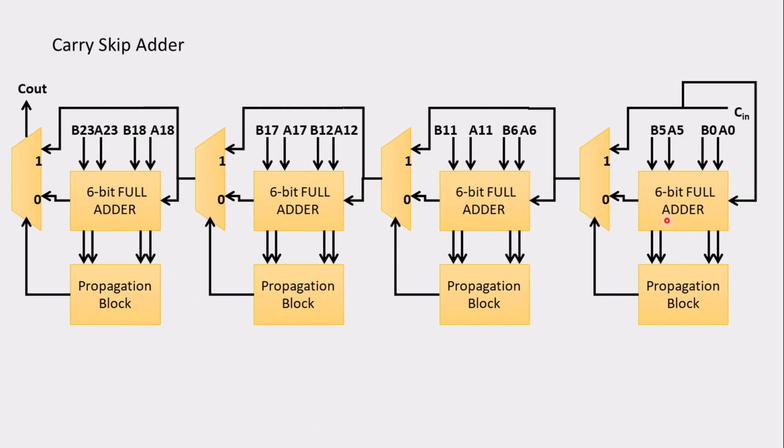Inside this 6-bit full adder, 6 different 1-bit full adders have been placed one after another. Now the outputs that we are having, let us consider these things as our Pi.